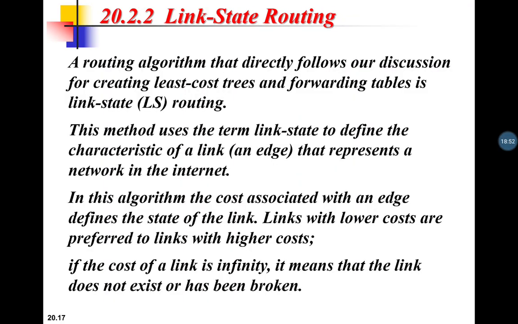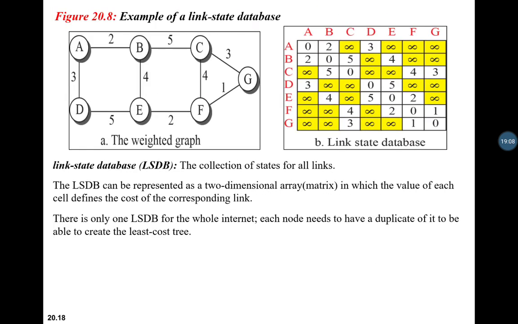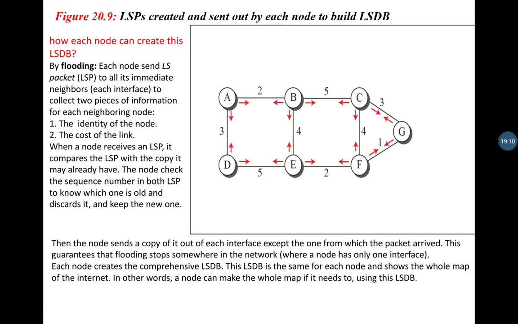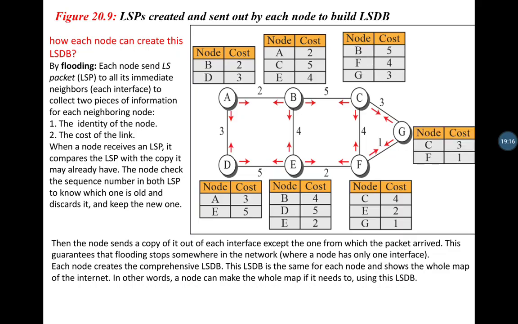Next, we have seen in today's class about link state routing, which uses the link state to define the characteristics of an edge, and links with the lower cost are preferred to links with the higher cost. And this is an example of the link state database, and this is how the link state packet is created and sent out, which I have already told.